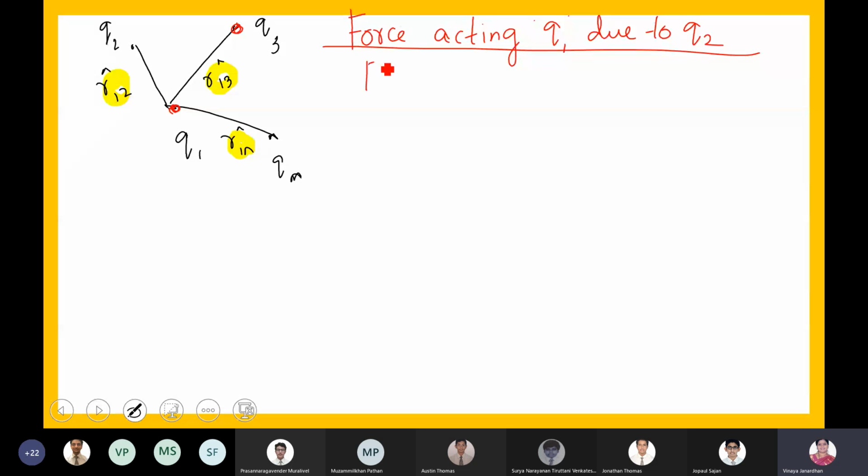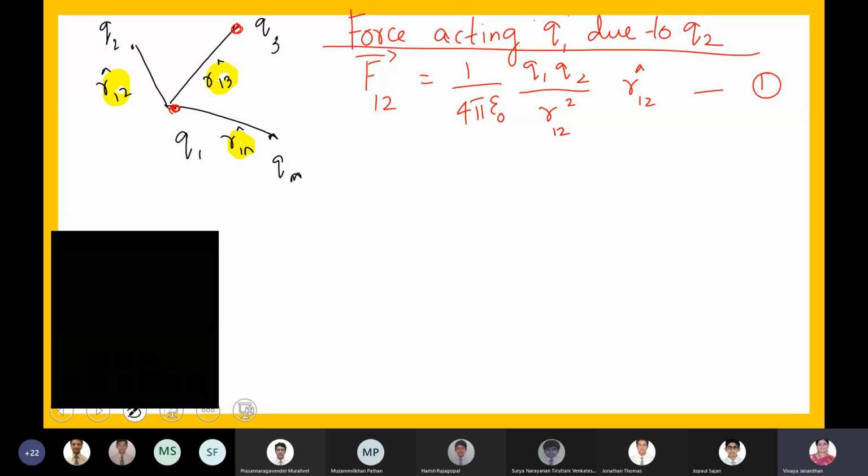F12 must be equal to 1 by 4 pi epsilon naught, Q1 Q2, by R12 squared. What is the distance between them, boys? R12 squared, correct? And then R12 unit vector, R12 cap. Mark this as equation 1.